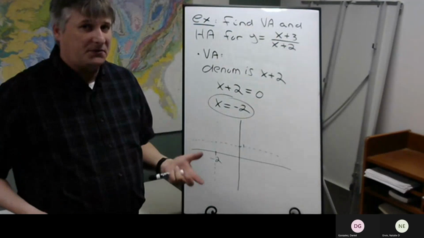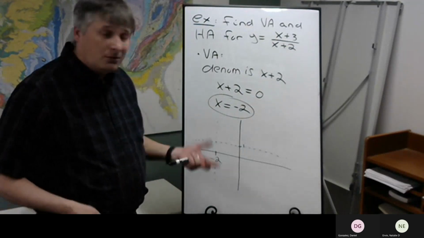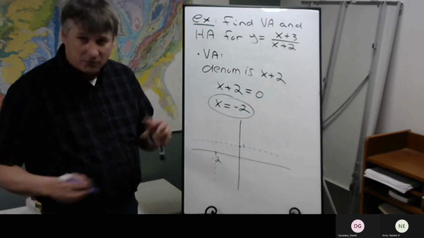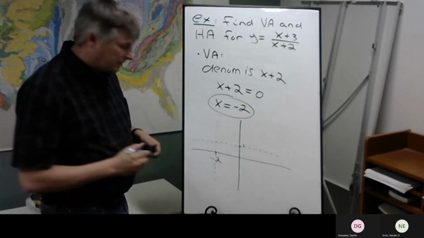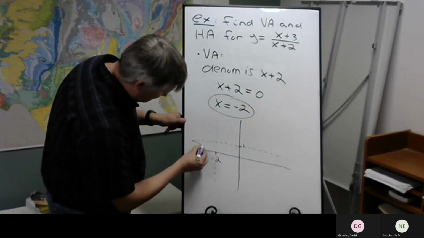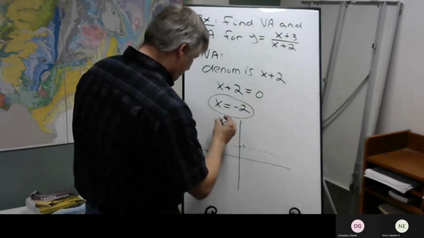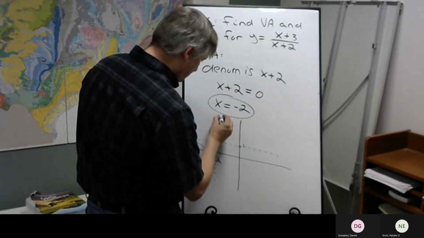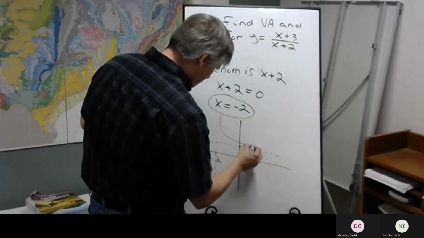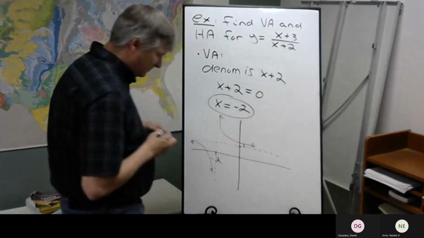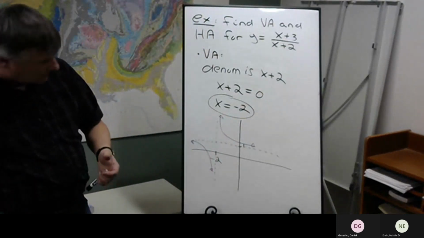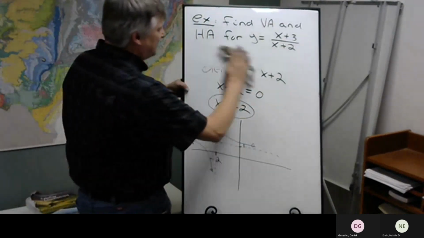Now we're going to show this is the case using our limits. But if you graph this function, this is what it's going to look like.